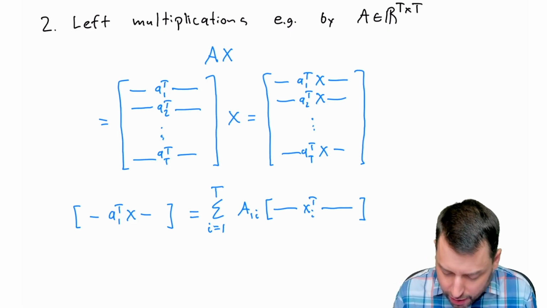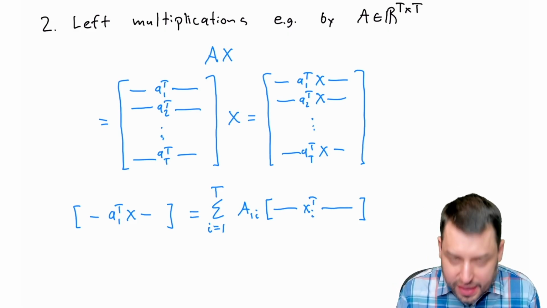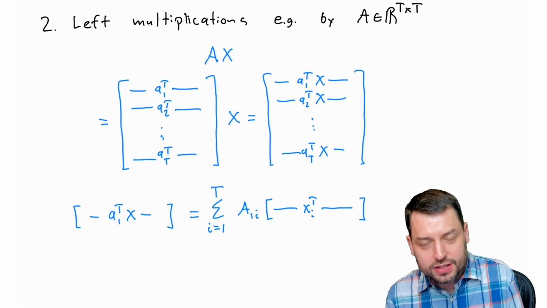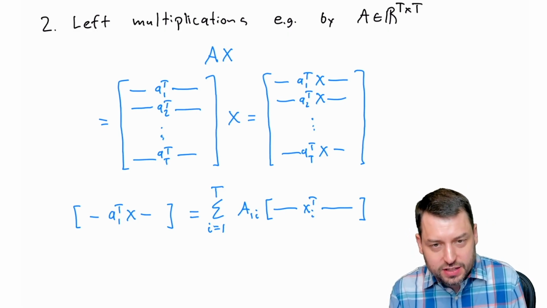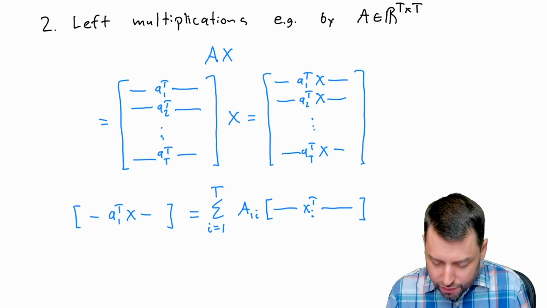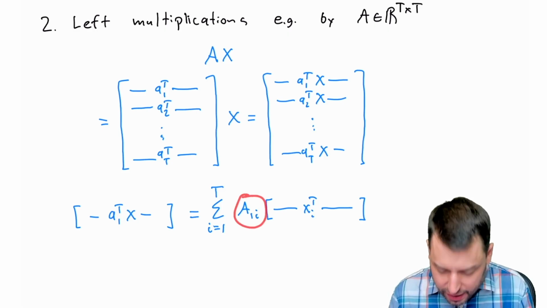So it's a linear combination of the rows of X with the coefficients given in A.